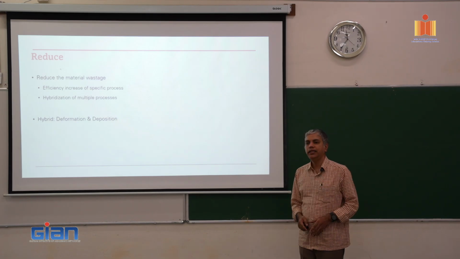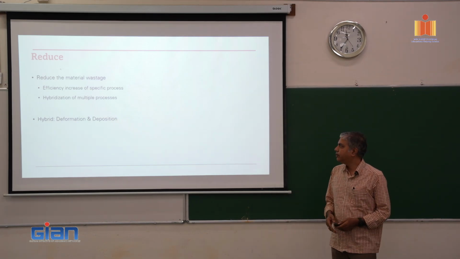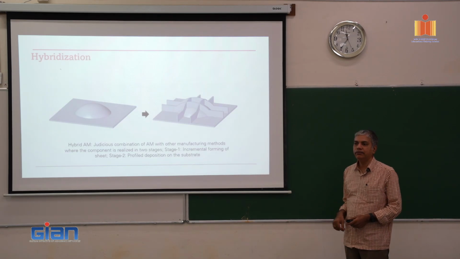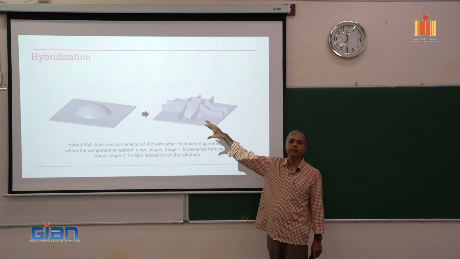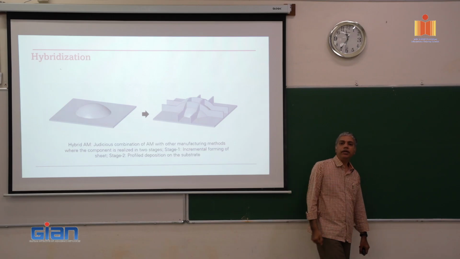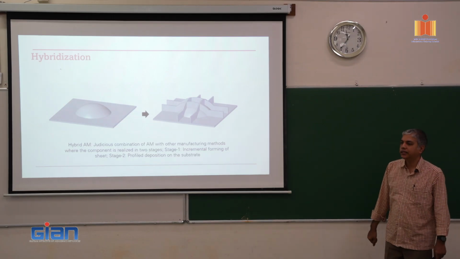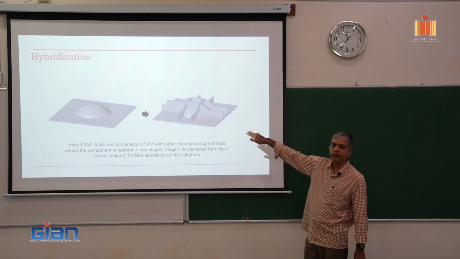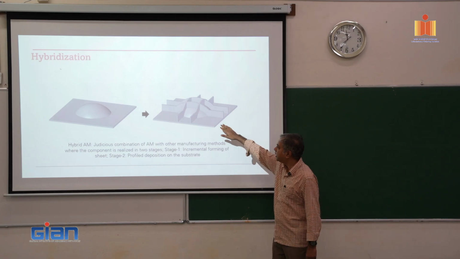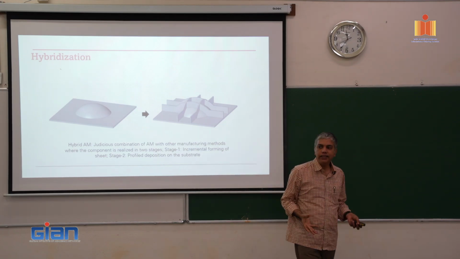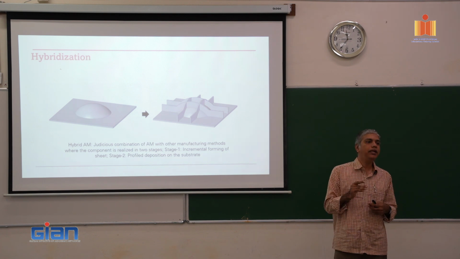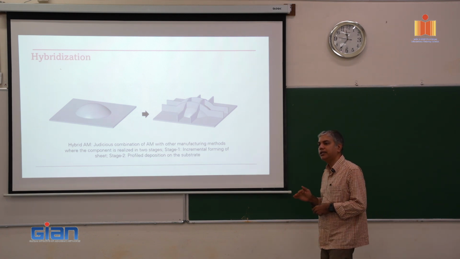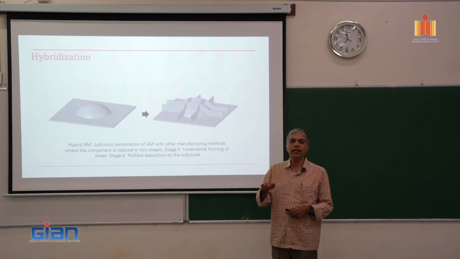Usually additive, if you look at it, is typically deposition. Imagine an object like this is the shape you want. Typically in additive manufacturing, if you directly do it through additive manufacturing, you need to then remove the base plate, machine the surface, etc. By definition additive manufacturing is layer by layer.